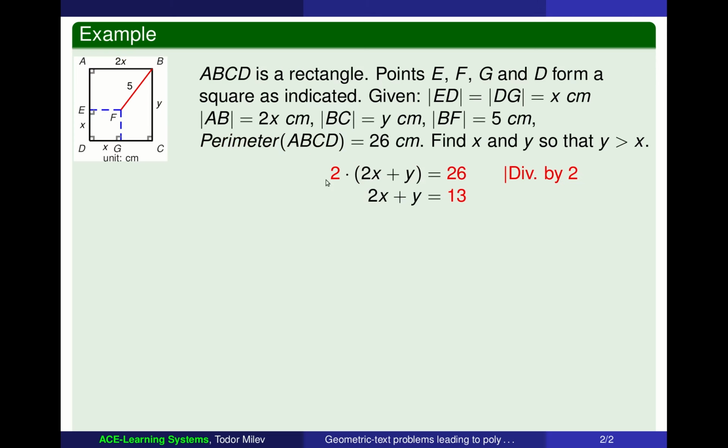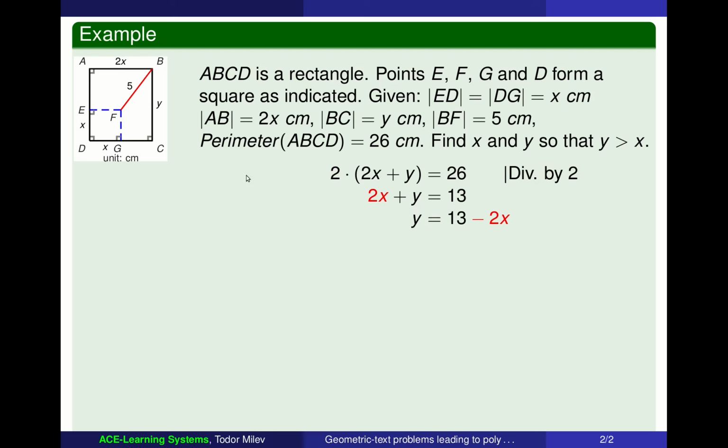Now, both sides of this equality are divisible by 2, so I'm dividing both sides by 2, and 26 divided by 2 is, of course, 13. Now, you can very easily express y as a function of x.